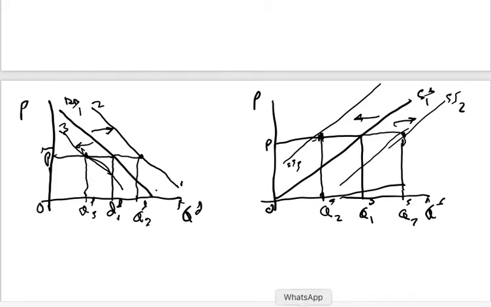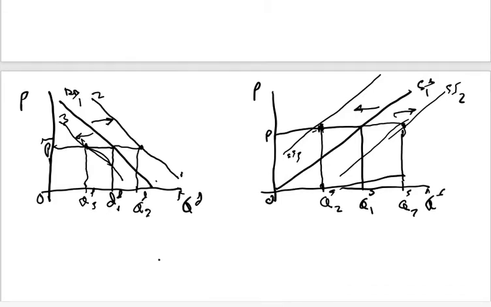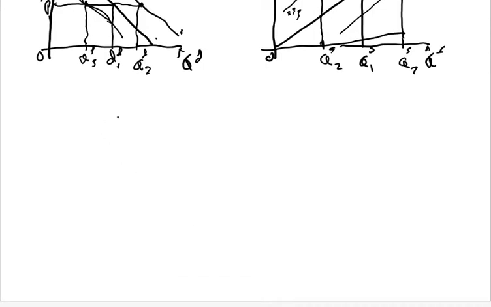So in a nutshell, we can summarize some of the causes of a rightward shift in the demand curve. We can just list some of them.